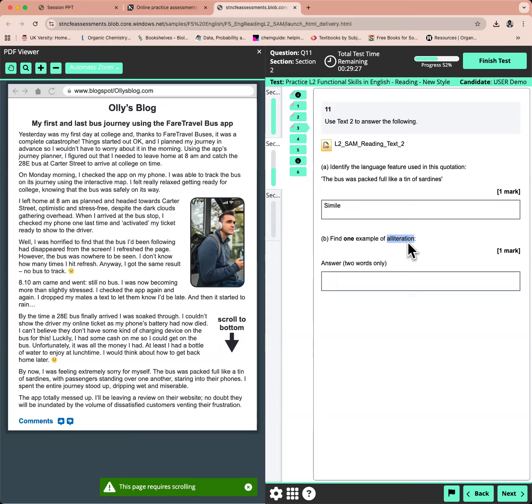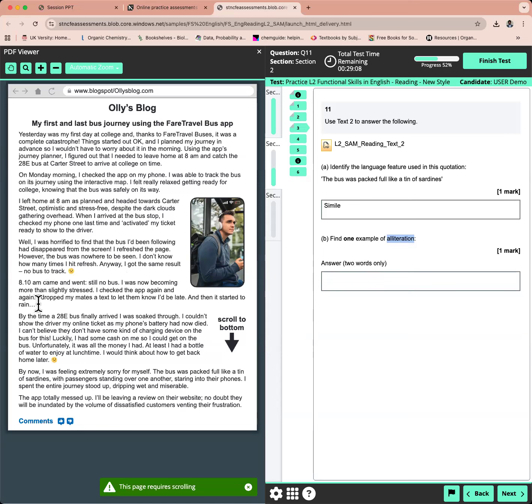So find one example of alliteration. It says answer in two words only. So essentially you would need to give two words, at the beginning of a sentence or in the middle of a sentence, which give the impression that it is alliteration because they have the same sound.